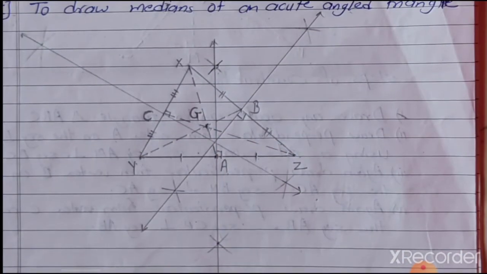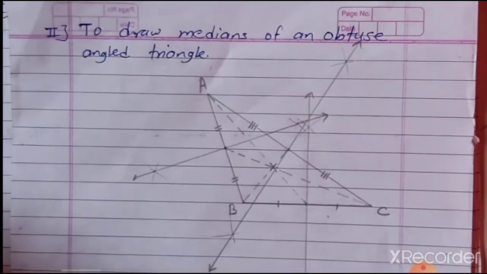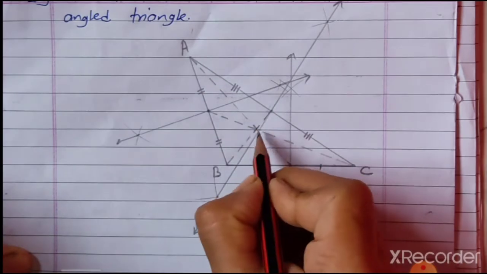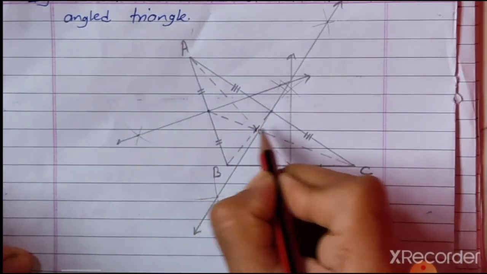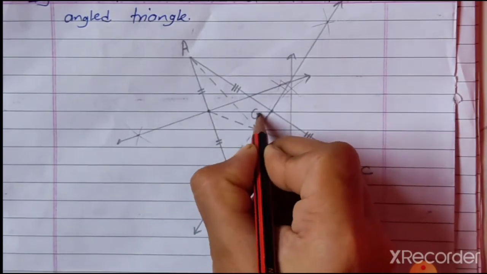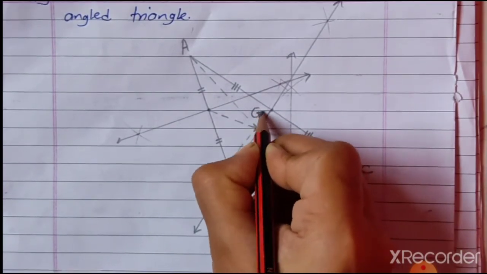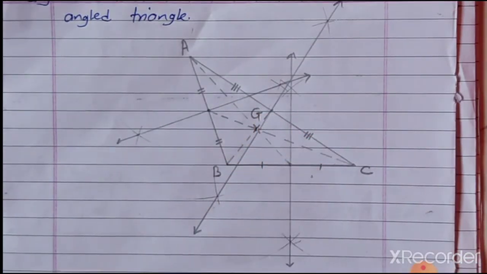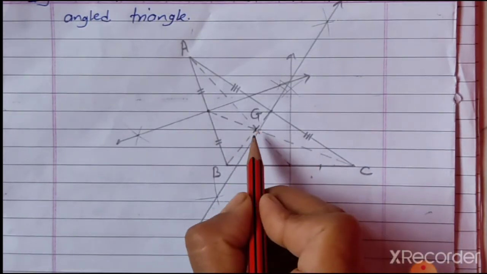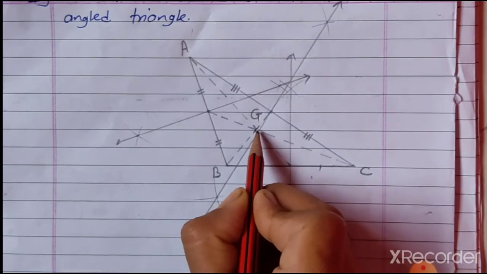If you draw these medians for an obtuse angle triangle, you will get this diagram. Again you can see this point of concurrence, that is the centroid, is interior to this triangle. So from this you can conclude that for any type of triangle, this point of concurrence, the centroid, is always interior.